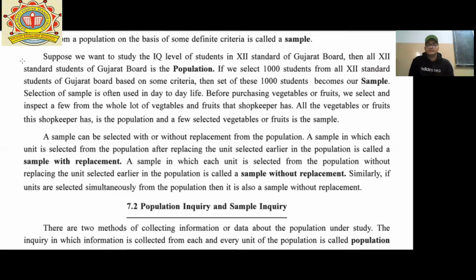It means again I will check the criteria on 30 students, and there may be a possibility that those two students are repeated again for this criteria. It means one student has a skill of dance as well as is intelligent in study, so he is selected again. So it is called sample with replacement.